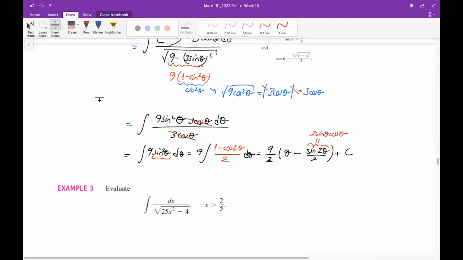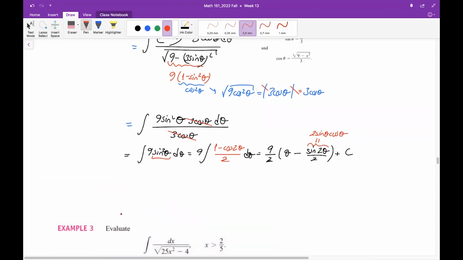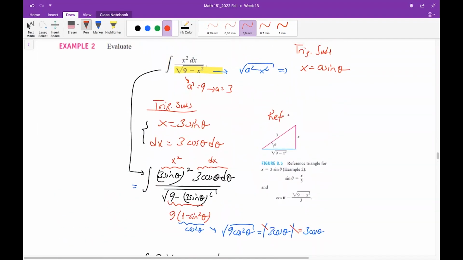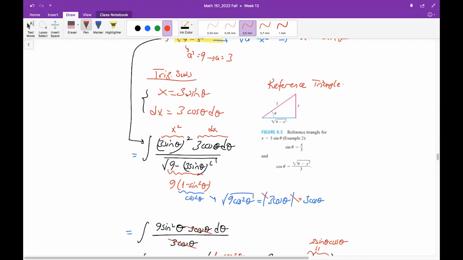Now it is time to turn back to the original variable x, right? So you need to look at your reference triangle now. Okay, so remember the first line of substitution, which is here. So let me write the triangle. We are using sine theta equals x/3, right? That's why, what is sine?